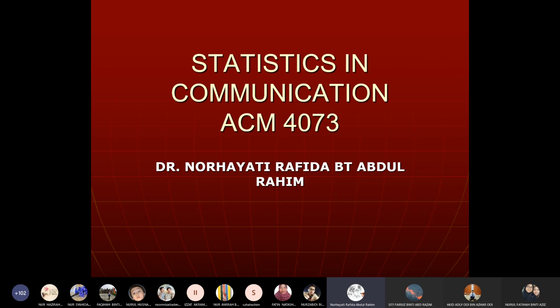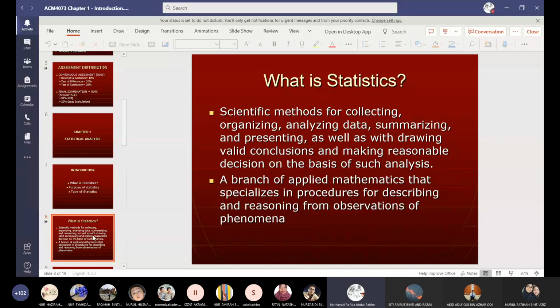Then we have Likert scales. Too bad, bad, neutral, good, very good. So your respondents will just tick which scale represents their opinion.